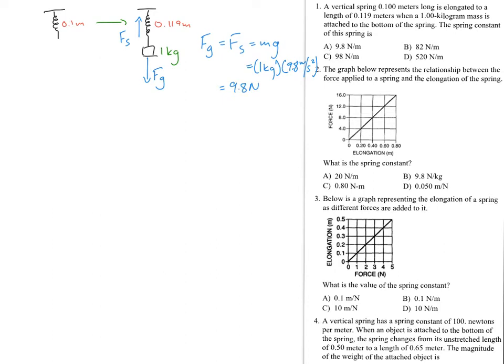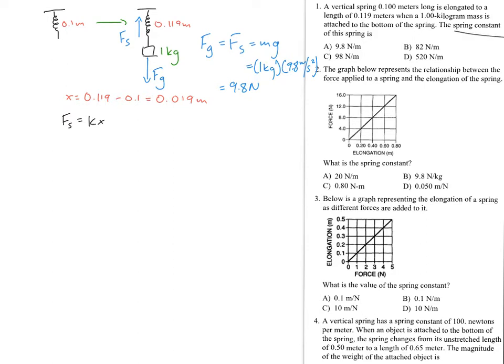Next, we have to find what x is, because we see a stretch from hanging the mass. So x, we're going to take 0.119 minus 0.1, and we get 0.019 meters. Then we're going to plug this into our F of x equation. F of s, my mistake. F of s is equal to k times x.